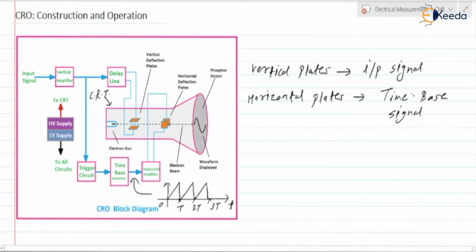Suppose the input signal is sinusoidal. Suppose this is 0, and this is the input signal.